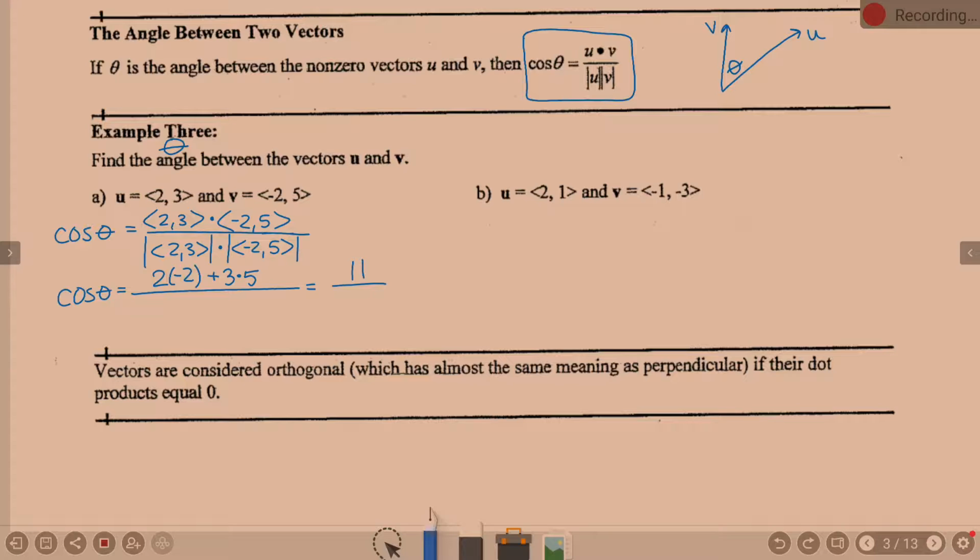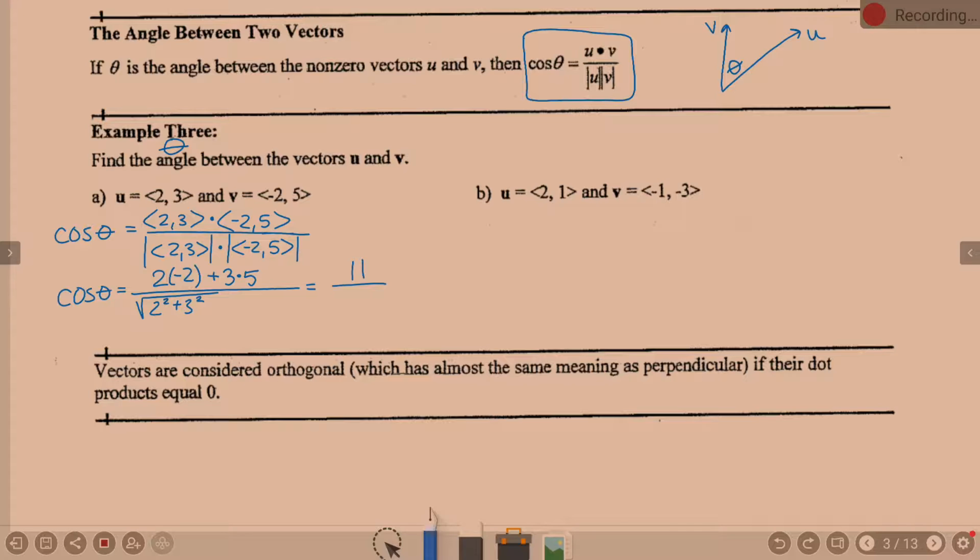Denominator. How do I do the absolute value of the vector 2, 3? Absolute value is the same as doing our magnitude or length. So in order to find the length or magnitude of this vector, you're doing the square root of 2 squared plus 3 squared.